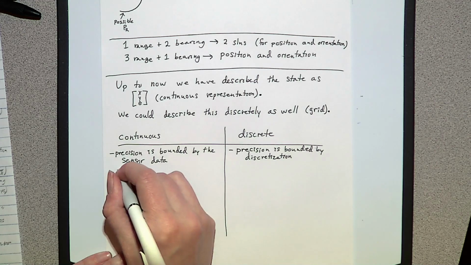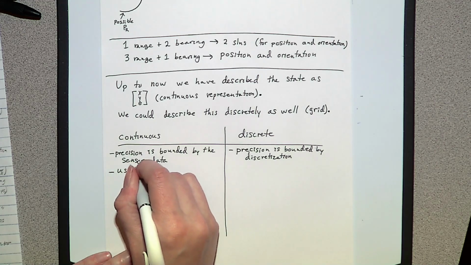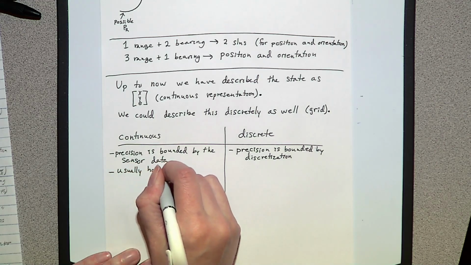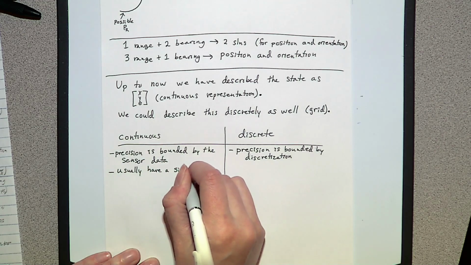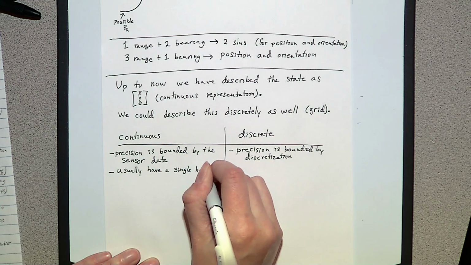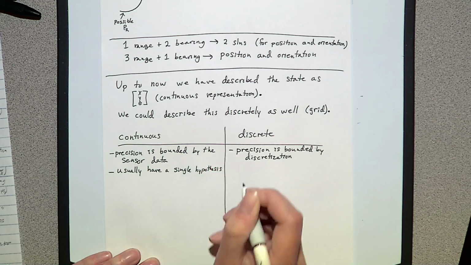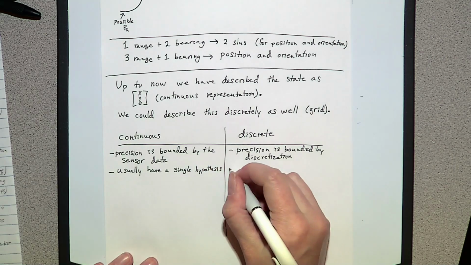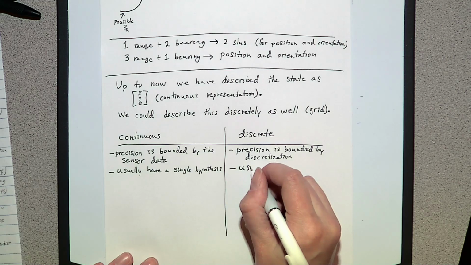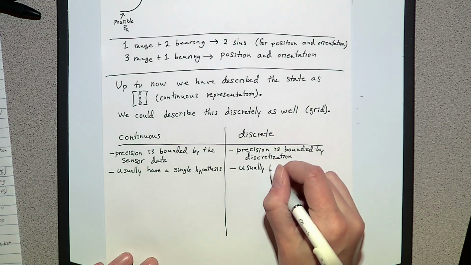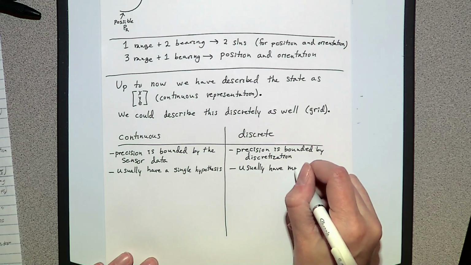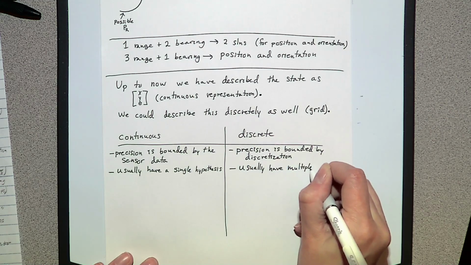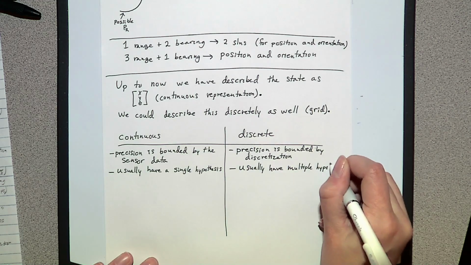In the continuous, we usually have a single hypothesis, and I'll show you what I mean by that in a moment. Whereas in the discrete, we usually have more of a multiple hypothesis situation.